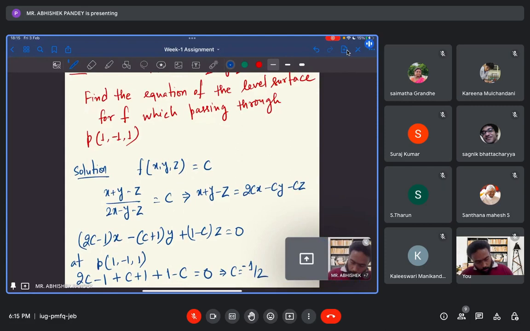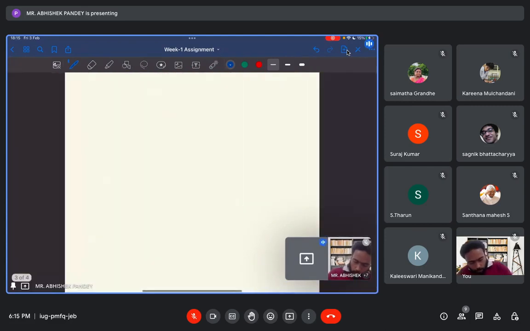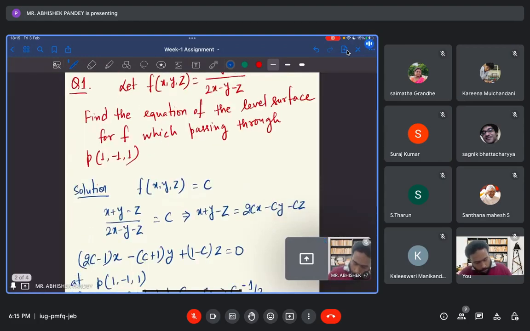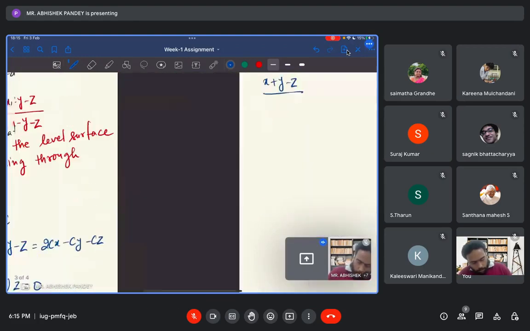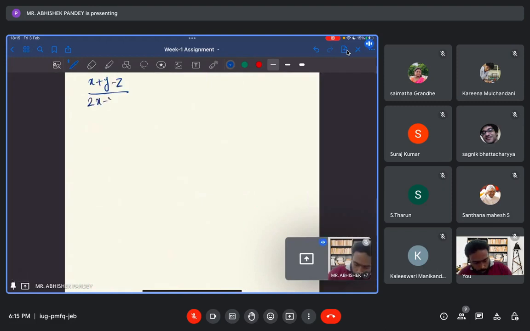So the equation of the level surface will be x plus y minus z upon 2x minus y minus z is equal to minus 1 by 2. This will give you 2x plus 2y minus 2z is equal to minus 2x plus y plus z.